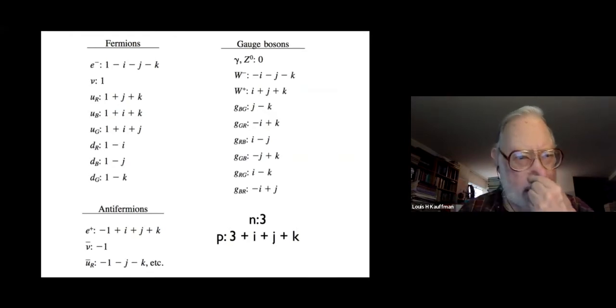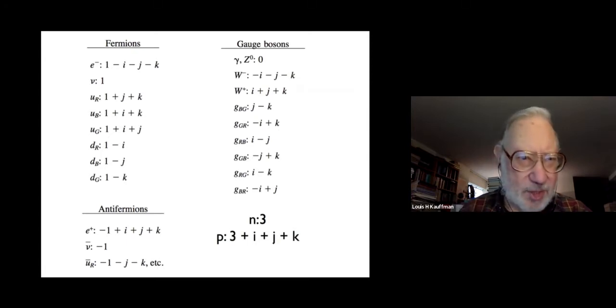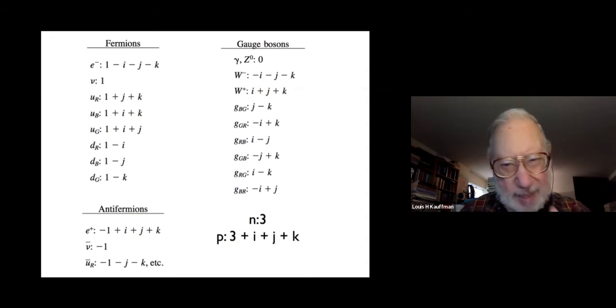So then the electron is this vector, 1 minus i minus j minus k. And the neutrino is just 1, and the red up quark is 1 plus j plus k, and so on, as you see here. And here are some anti-fermions on the bottom of the page.